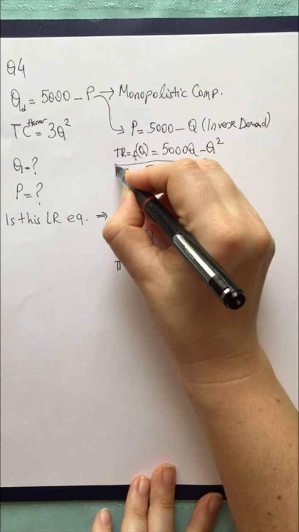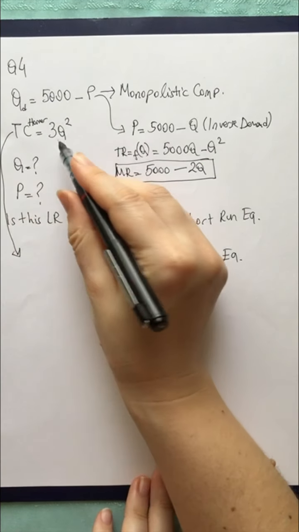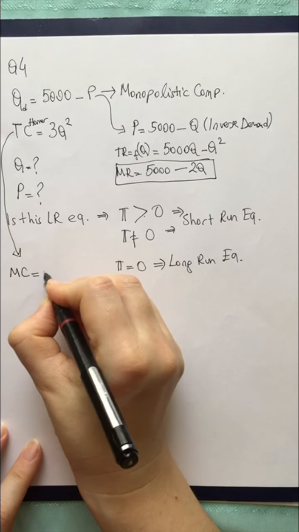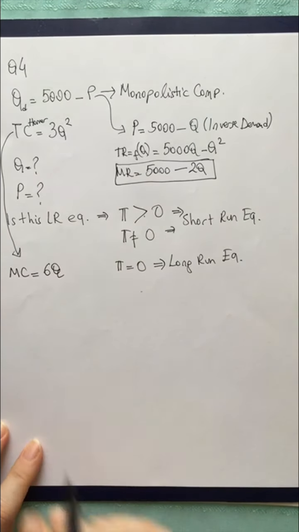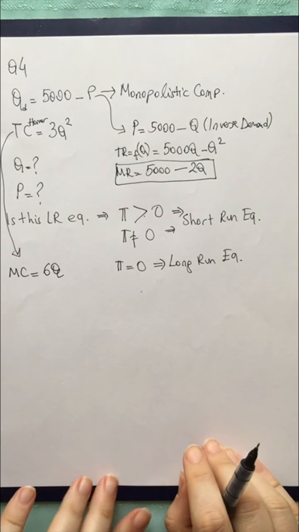The total cost function is given as 3Q square, so marginal cost is 6Q, a positive slope, linear marginal cost the firm has.